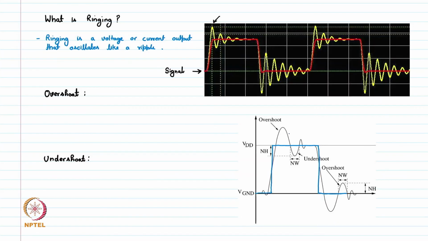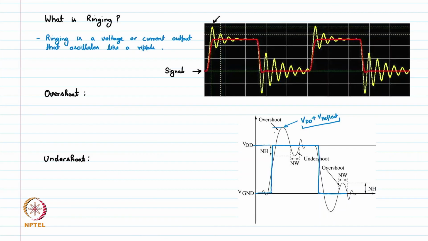However, because of the reflected wave which is getting added to this level, this VDD, now this level is VDD, the actual desired level, plus V noise or the reflected voltage, V reflect. So because of this addition of the reflected wave to the VDD, the output goes above the desired value, which is VDD.